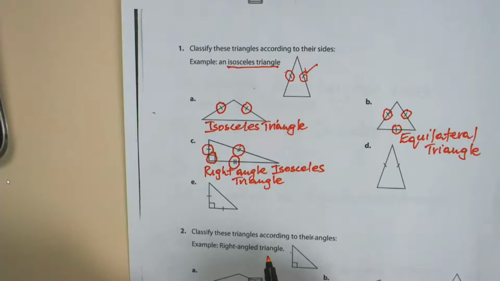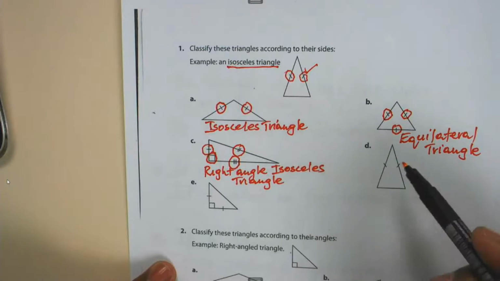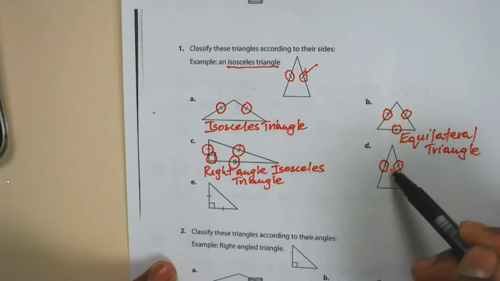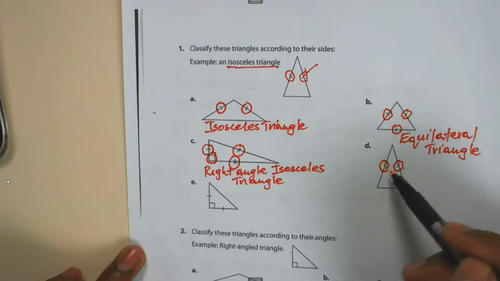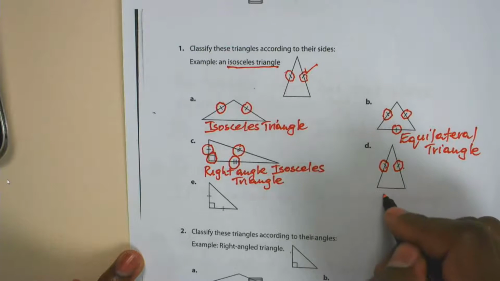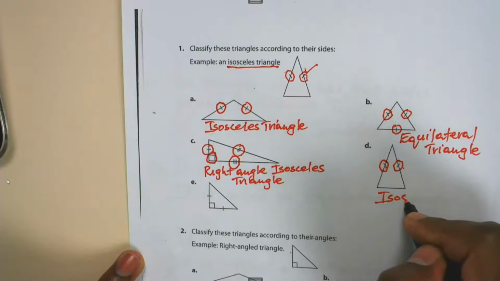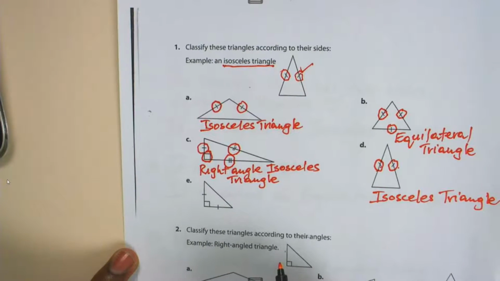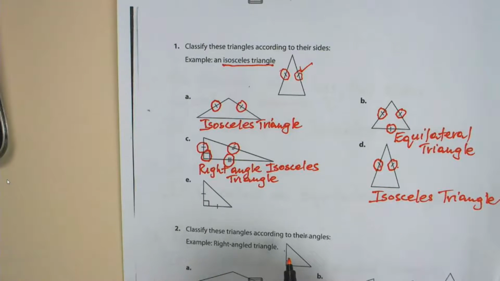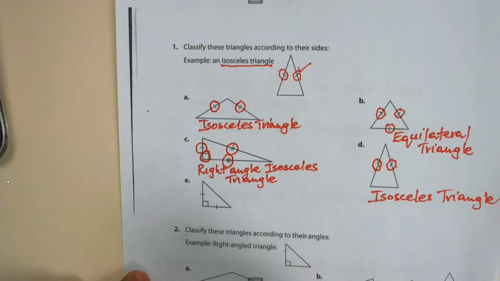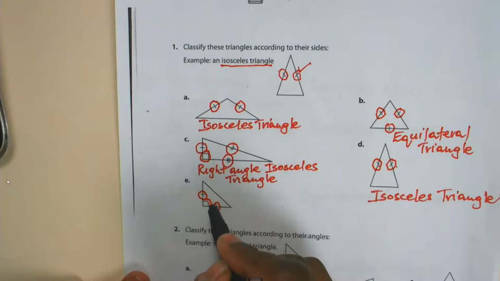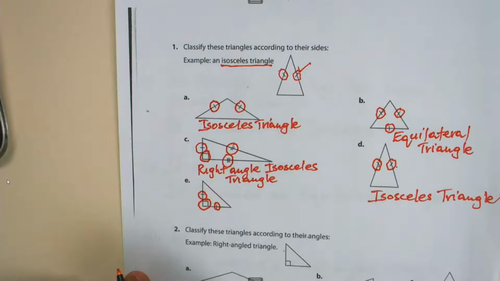Right, number D, check the markings. 1, 2. They represent that these 2 sides are equal. And if 2 sides are equal in a triangle, then that triangle becomes an isosceles triangle. And then let us check number E. There is a mark here, which is the same as this one, and there is also a right angle there, which equals 90 degrees.